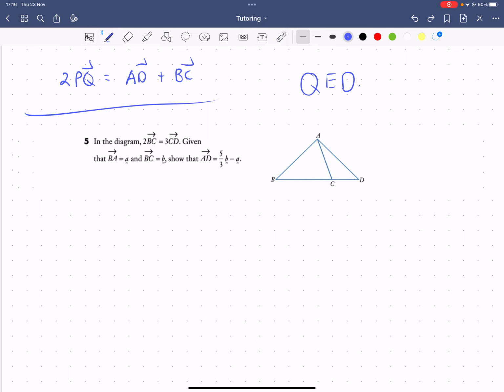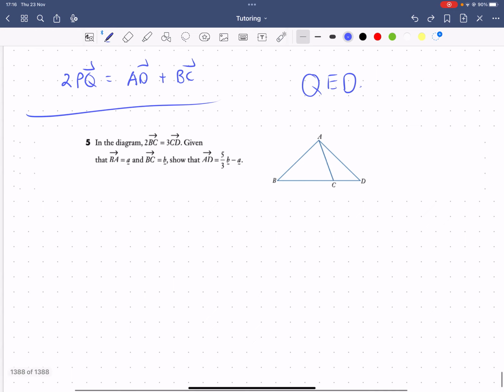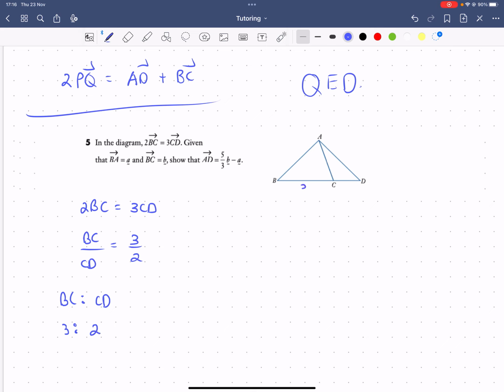Now that means that the ratio of BC to CD is 3 over 2, so BC to CD is 3 to 2.